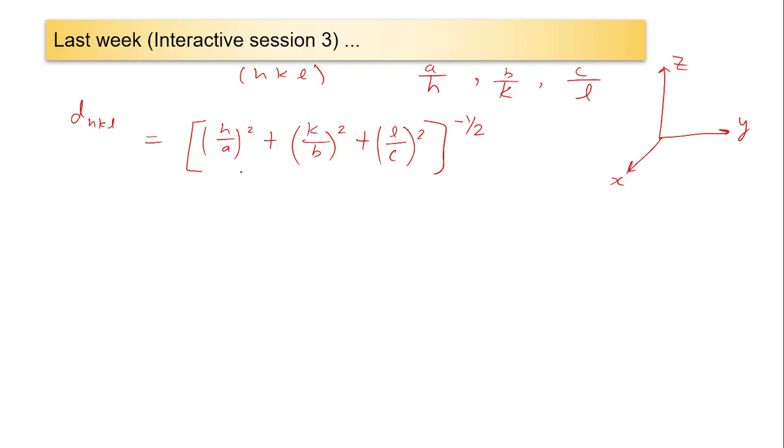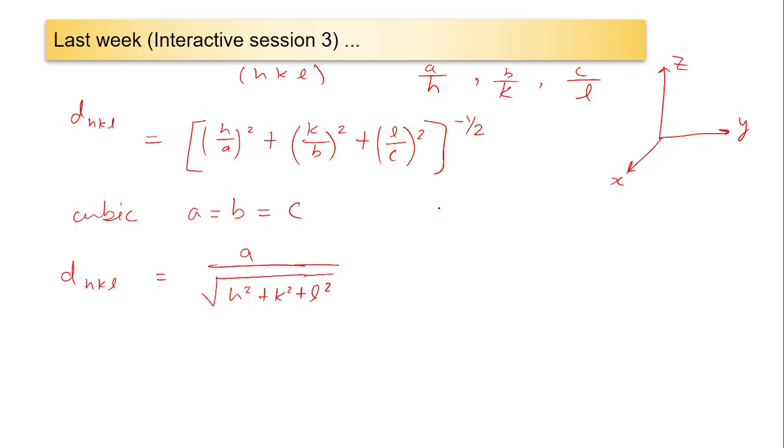And if the crystal system we are talking about is cubic, that means A is equal to B is equal to C, then this formula simplifies to A over under root h square plus k square plus l square.